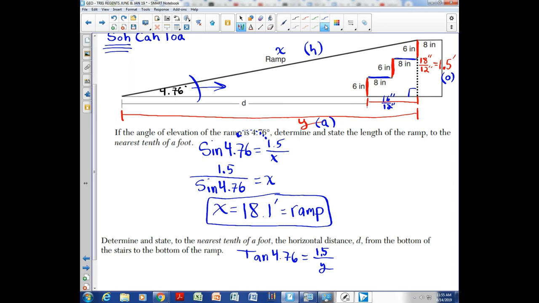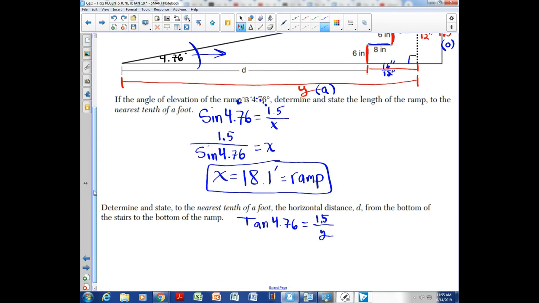And now I see that once again, I have y on the bottom, so I'm going to take that 1.5 and throw it to the side. I'm going to end up with 1.5 divided by tan 4.76 is equal to my y.